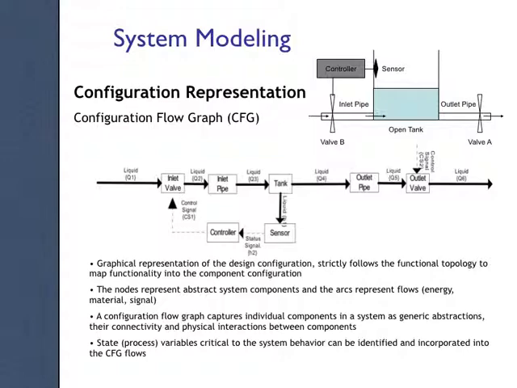It's nodes and edges. But essentially what you need to understand here is that these are the actual components that solve the functions of the system, right? And so we can see things like the inlet valve, the inlet pipe, the tank, the outlet pipe, the outlet valve, the sensor, and the controller. And those are the 7 components of the system.